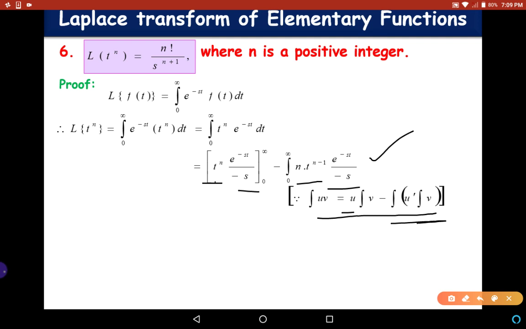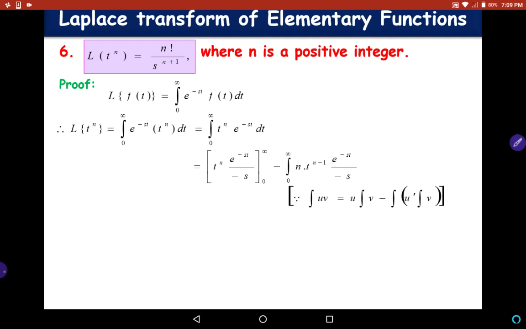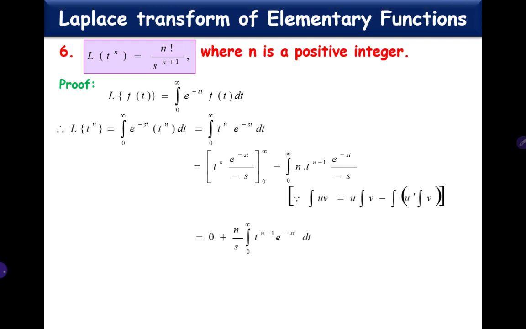If you carefully substitute the terms here, you can obtain this equation. Now let us see what happens next. If we substitute the limits in the first term, when we substitute infinity, it goes to 0, and because of the t power n term, the lower limit also goes to 0.